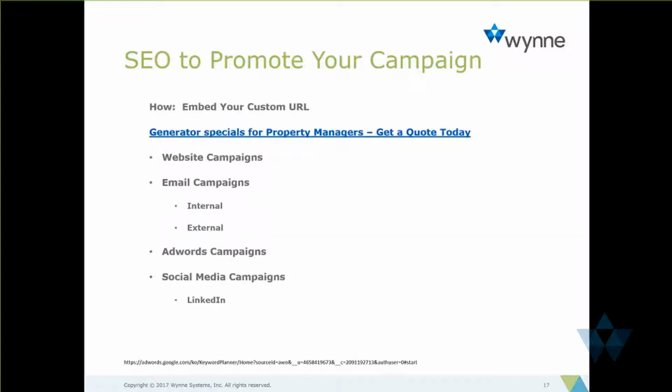Okay. So embedding that URL. We've got our content, we've got our keywords, we know where we're going to place them. Now we want to place that custom URL within the content on your screen or on the location.